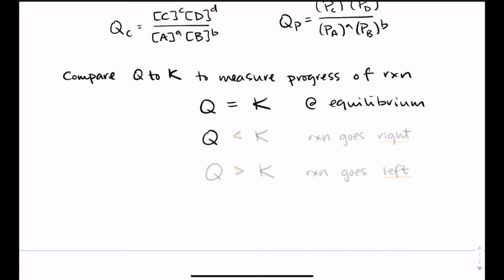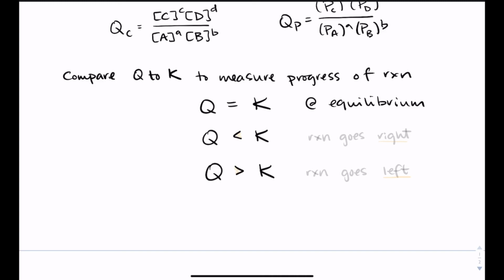Compare Q to K: write the value for Q on the left, write the value for K on the right. If Q is equal to K, you are at equilibrium. They have the same form. When the values are from a reaction at equilibrium, it is the equilibrium constant. Q equals K, you're there.